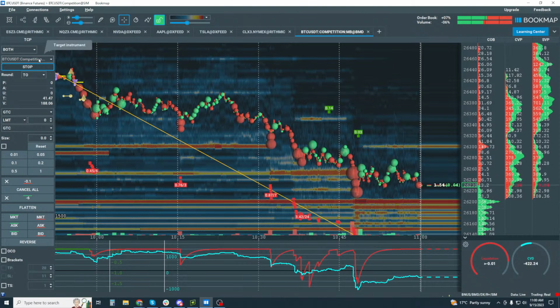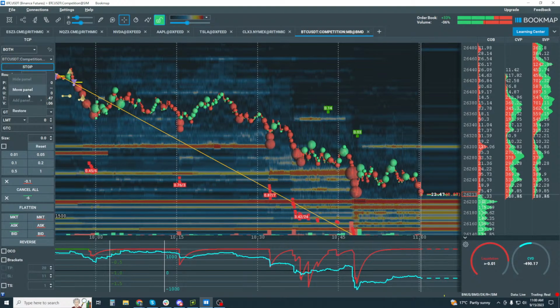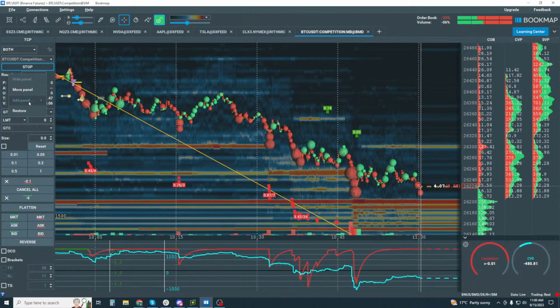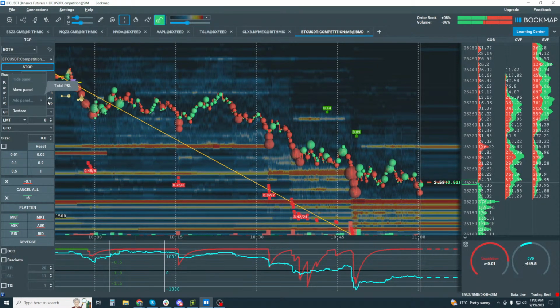Then you'll need to add in the cross trading instruments. You'll see this by going to add or remove panel, add panel. I have nothing here because I've added all the panels. You'll see it in the drop down and select the cross trading instruments.